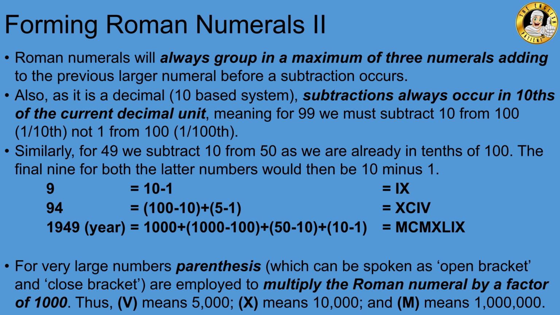So if I want to make 5000, I can take V, which is 5, and multiply it by 1000, making it 5000, by putting it in parentheses. So this would be read as open brackets, V, close brackets. Similarly, X in parentheses, which is 10, would mean 10,000, and M in parentheses would mean 1 million.